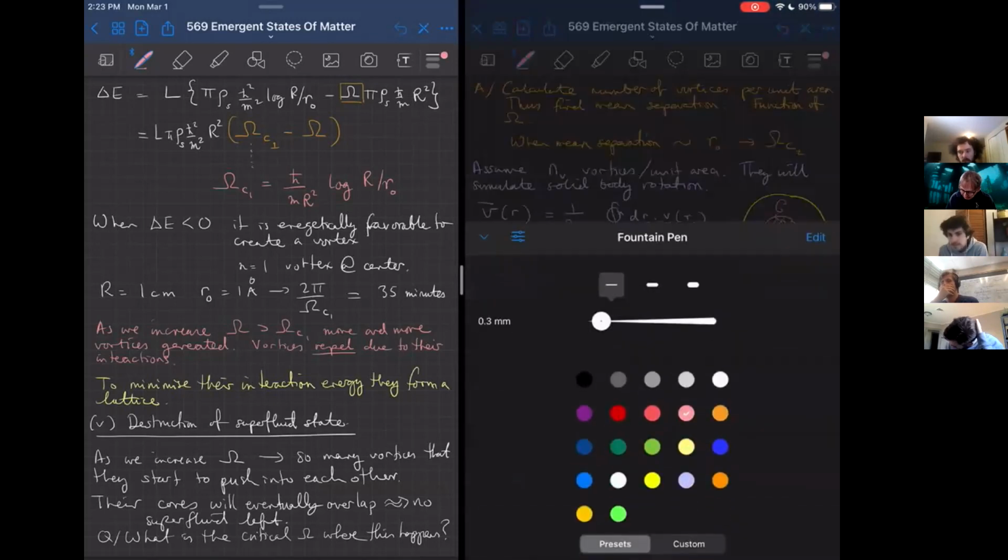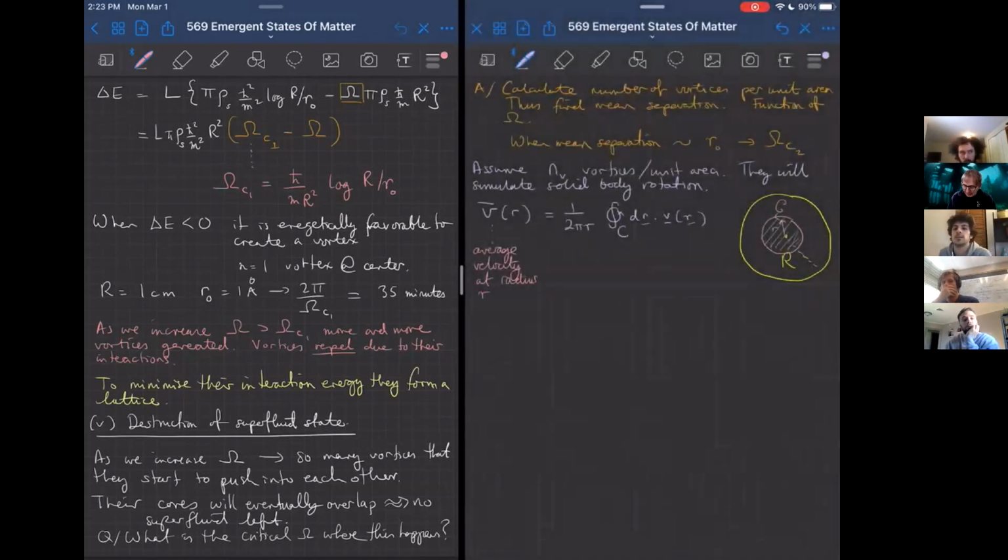And then I can calculate this because I know that I've got NV vortices per unit area. So inside this shaded region, I know how many vortices I have. So I can write this whole formula down as 1 over 2 pi r, and then it's going to be the number of vortices contained within the curve C times the quantum of circulation, which is 2 pi h bar over m, like so.